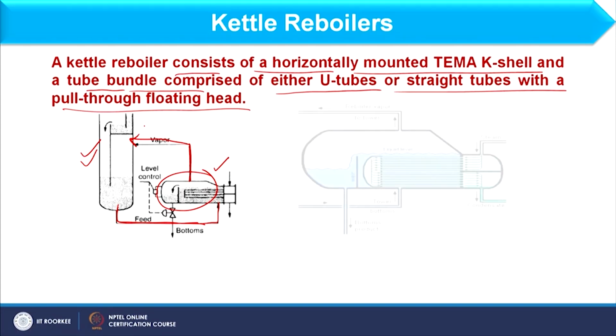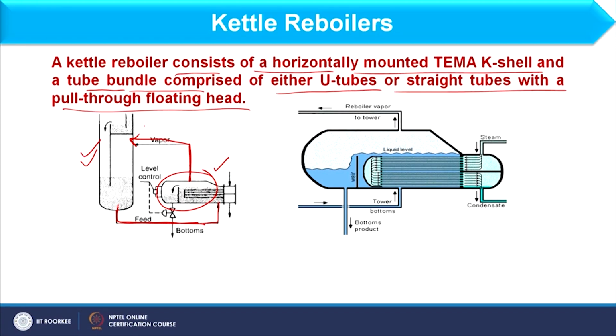Further, we can visualize it more clearly from this schematic. Here feed enters from the bottom and starts filling this section. Whatever feed is entering the reboiler enters the shell side. There is no option in such a reboiler where feed enters the tube side.